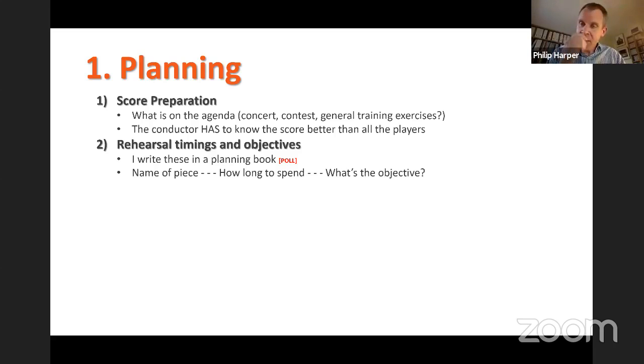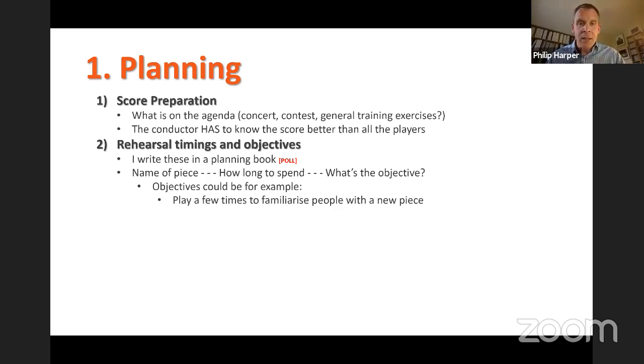Now, this is not as simple as writing the name of the piece or how long to spend, because of course there are a million objectives that you could possibly set. But here's some example objectives for you, just to give you an idea of how tight or loose this might be. The objective of playing a piece might be as simple as to play the piece through a few times to familiarize the band with it, because you've never played it before.